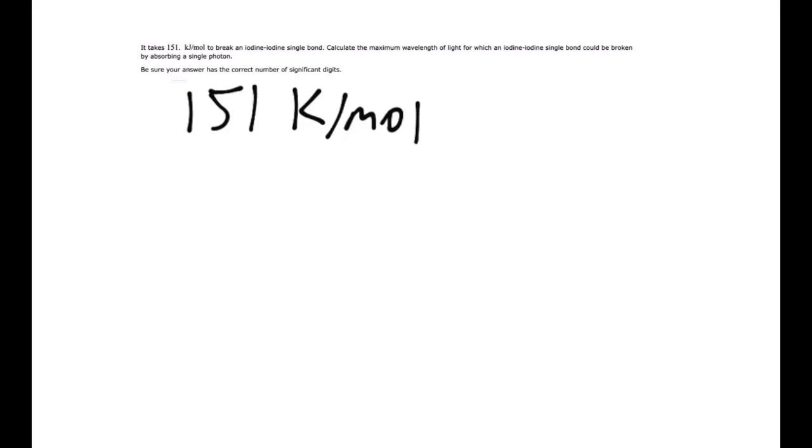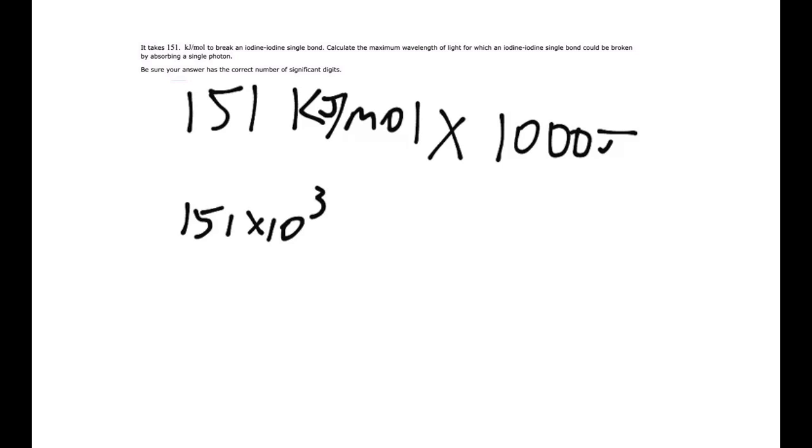First thing we have to do is get rid of the kilojoules, and in order to do that, we multiply by 1,000, because there's 1,000 joules in a kilojoule. So upon doing that, we have 151 times 10 to the third joules per mole.